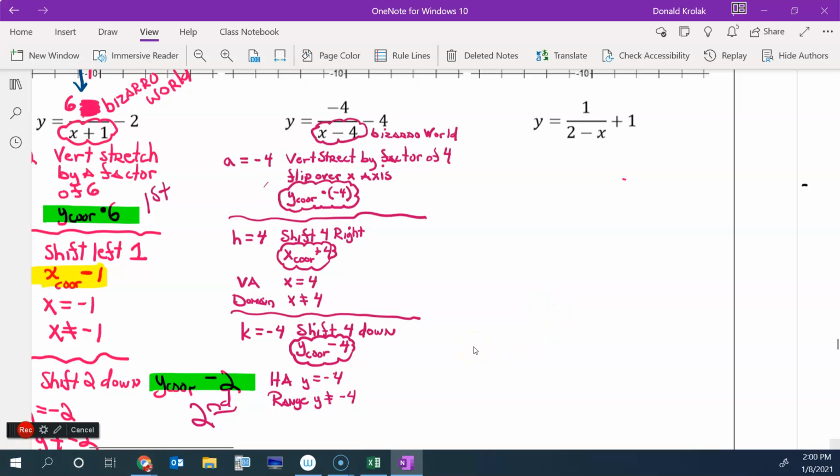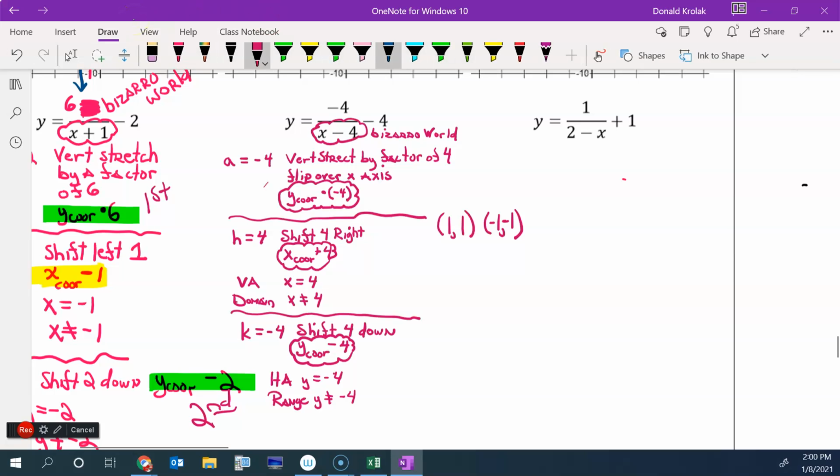All right, and now let's do our anchors. 1, 1, -1. Okay, so here's my order for doing it. I'm going to work from the inside out. If I was plugging a number into this, the first thing I would do is this denominator.